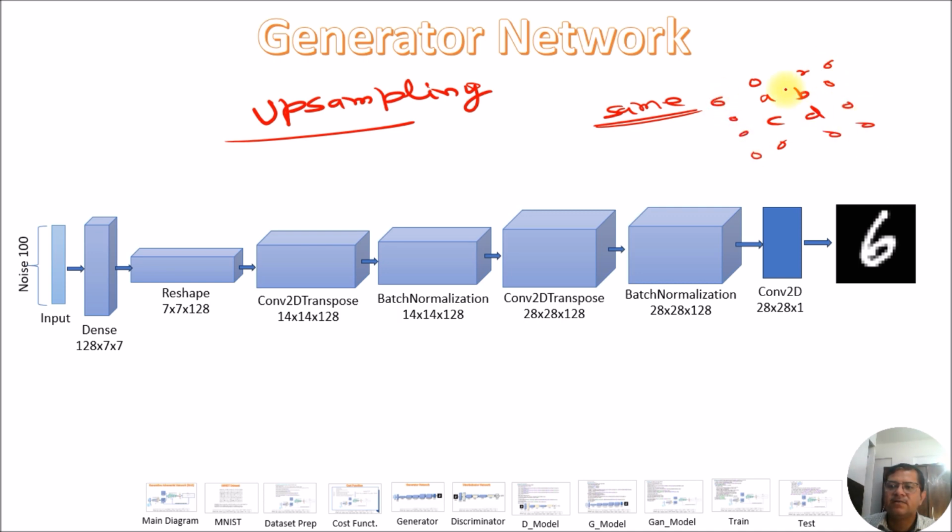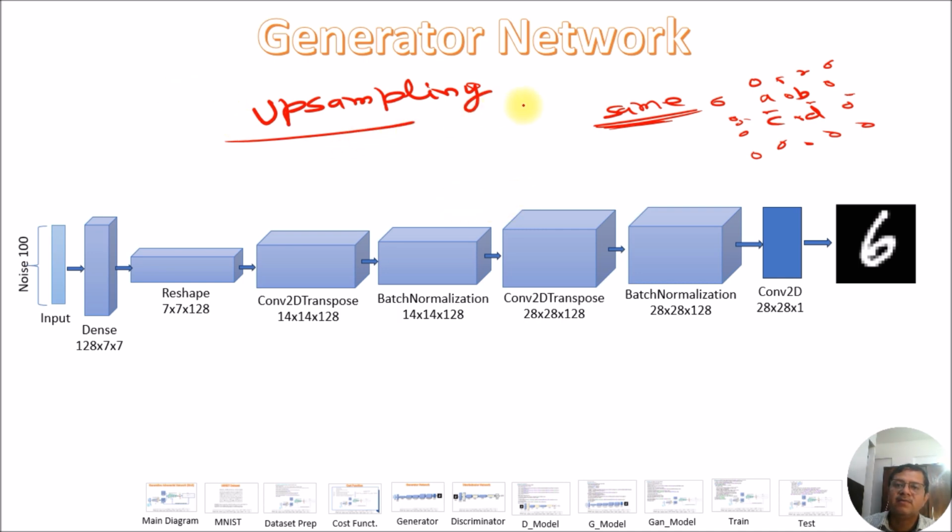But in other cases we can do the padding in between the data also, and we can also do the padding if the same is not there. So there are multiple different ways to achieve upsampling. I have just discussed one. After this upsampling we are able to enhance the size of the data.